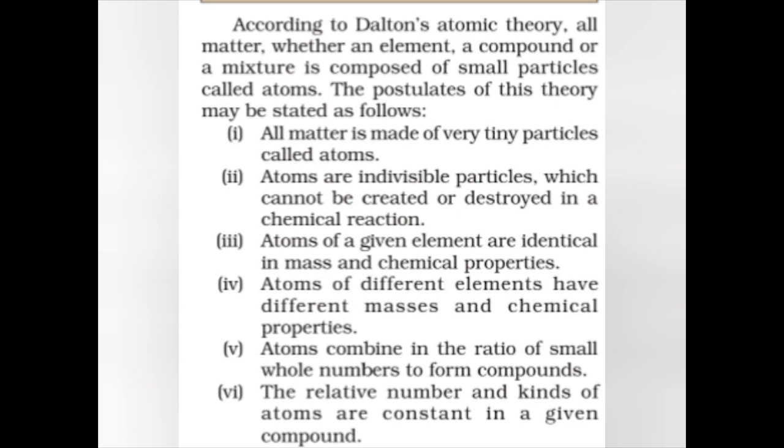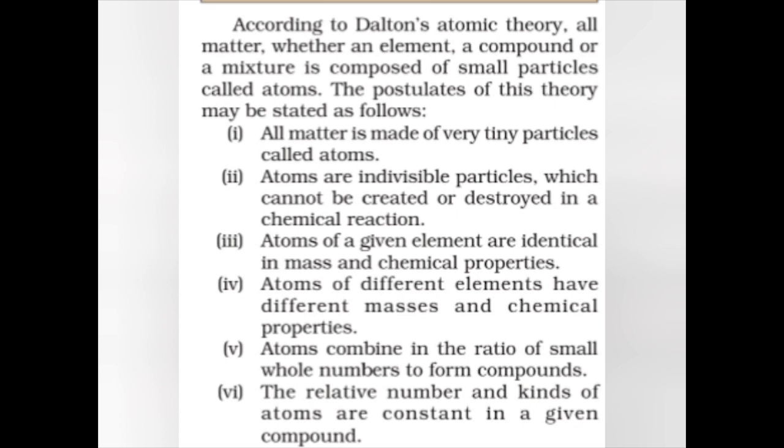First, all matter is made up of very tiny particles called atoms. Second postulate, atoms are indivisible particles which cannot be created or destroyed in a chemical reaction. Third, atoms of a given element are identical in mass and chemical properties.